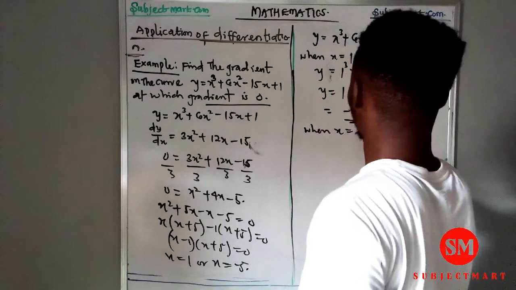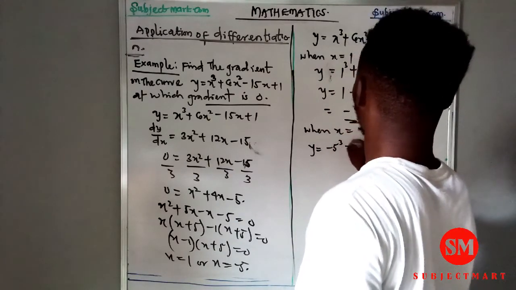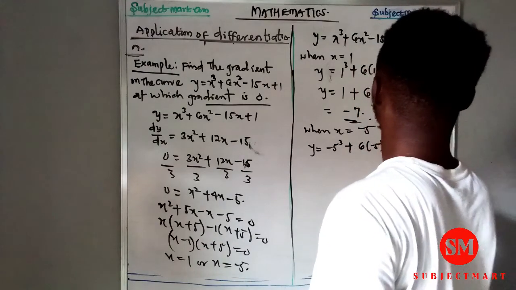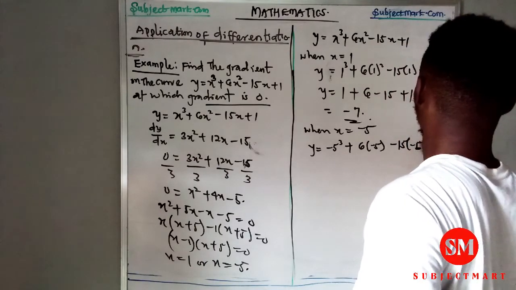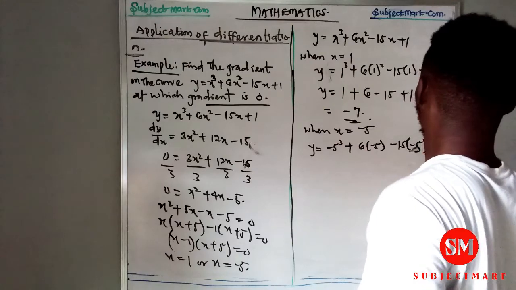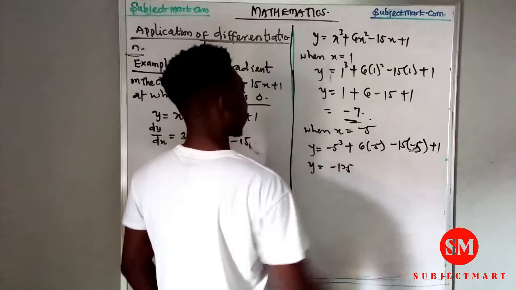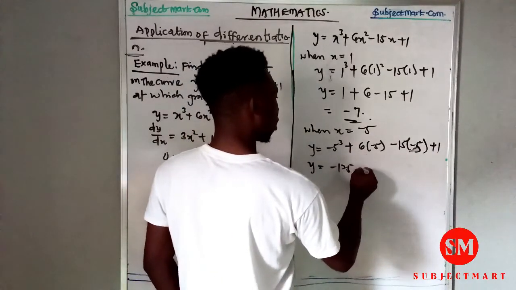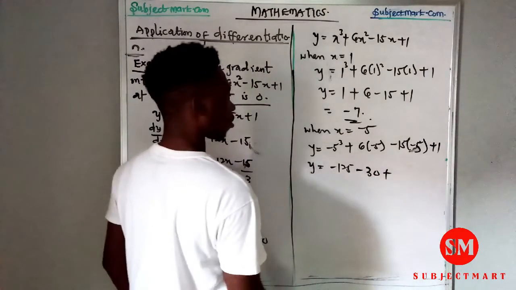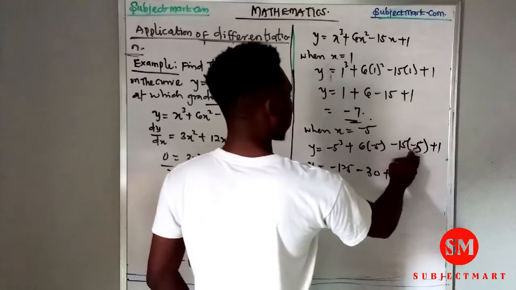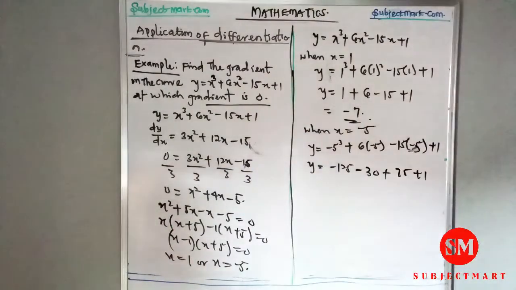So when x is equal to minus 5, y here is equal to minus 5 raised to power 3 plus 6 times minus 5 squared, minus 15 times minus 5 plus 1. So y here is equal to minus 125 minus 30, plus 15 times this, that is 75, plus 1.